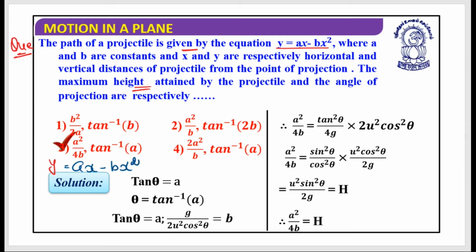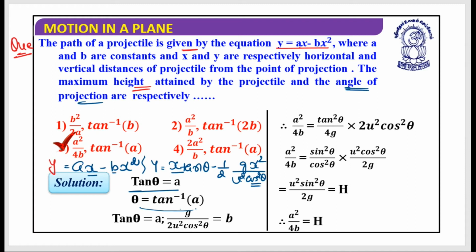Now let us compare it with the equation of trajectory, that is y is equal to x tan theta minus half g x square divided by u square cos square theta. If I compare this, here it's x, so tan theta should be equal to a, and according to this theta is equal to tan inverse of a. What is required? The angle of projection, and here is the answer.